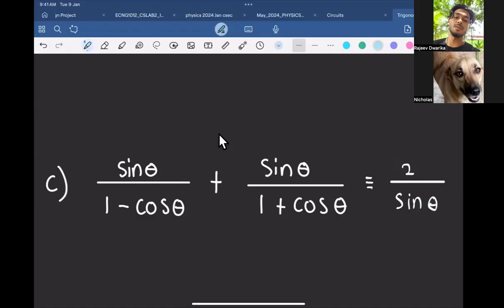Using the final answer, I guess. The final answer is 2 over sine theta. That's after the equal sign. So, yeah.